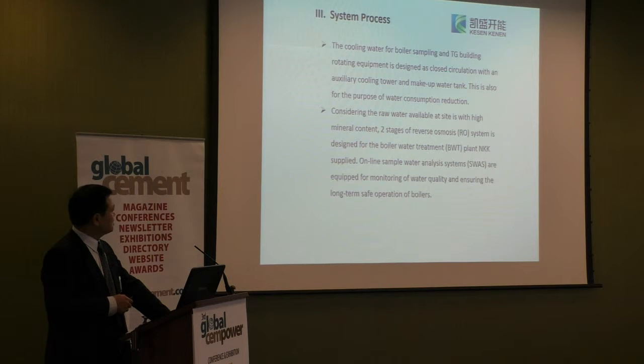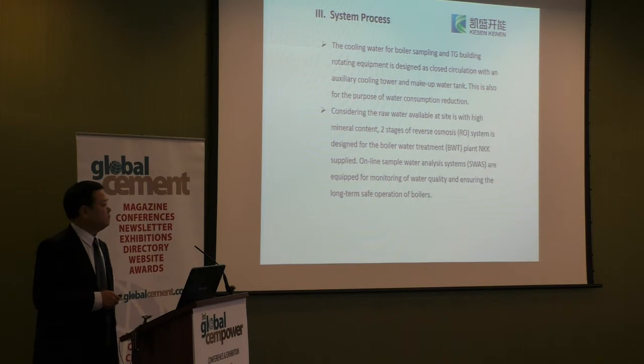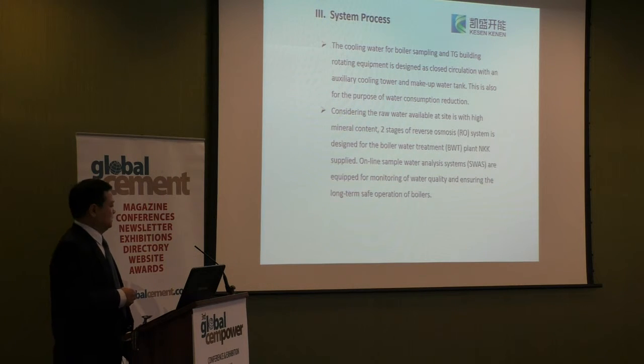It's also for the purpose of reducing water consumption. For our water treatment plant, we designed 2 stages because they have high mineral content. We also use an online sampling system, which is the SWAS system, to reduce the manpower for testing the quality of the water and steam. This online testing is not very commonly used in China, but overseas we put this system in.